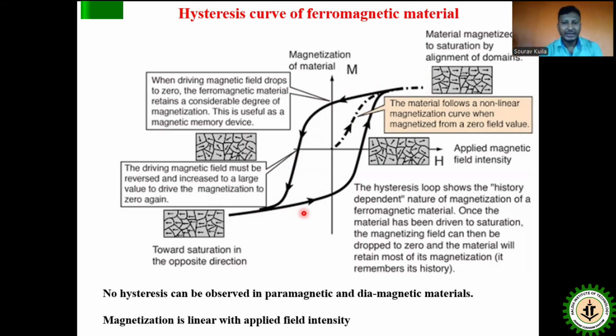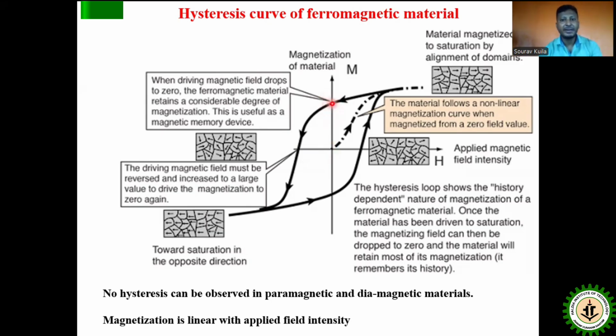So this hysteresis property of ferromagnetic material is used in memory devices. That means when you apply zero magnetic field, when you switch off the device or switch off the applied magnetic field, there will be a retention of magnetization.